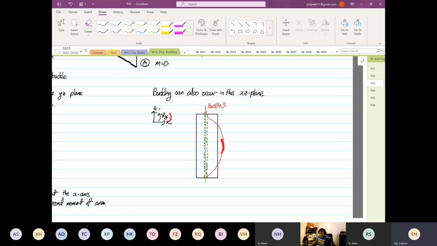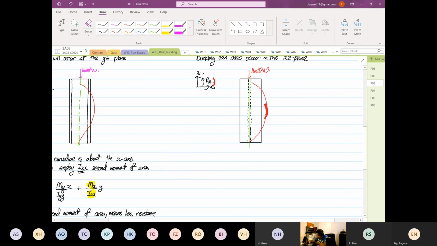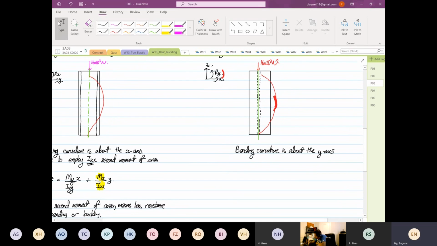That's why I say the bending curvature, for this case, is about the y-axis.